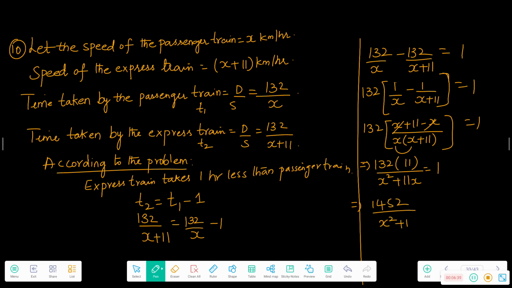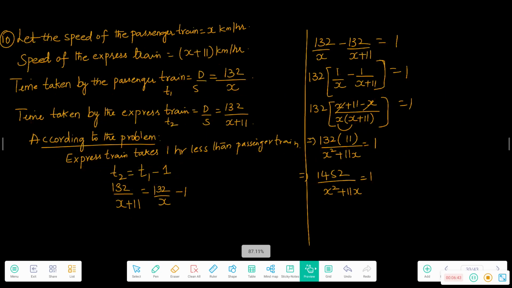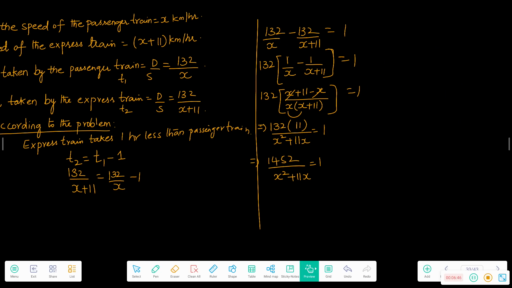So 1452 is equal to x square plus 11x. So x square plus 11x minus 1452 is equal to 0.